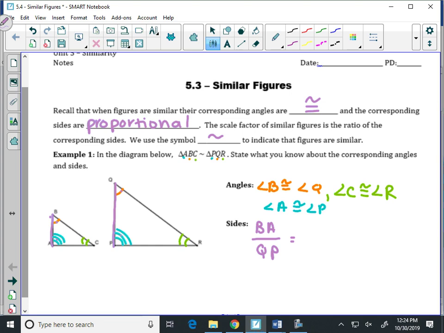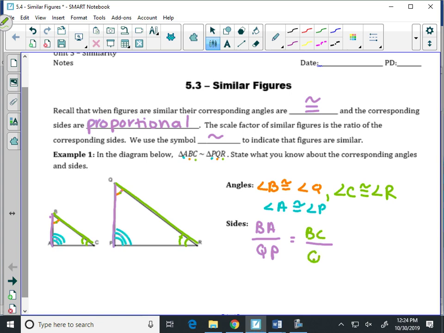So then pick another side in that first triangle we used. BC. What side matches up with BC? Yeah, QR. B to C, Q to R. From B we go from 1 to 2 arcs. For QR we go from 1 to 2 arcs, so they match up.